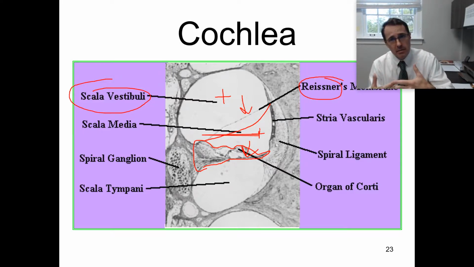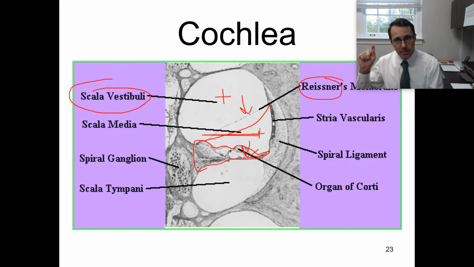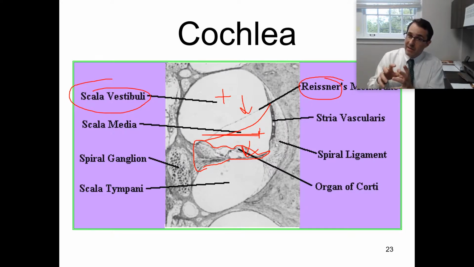And when the hair cells are moved, it generates an electrical impulse that then gets sent up to the brain, and your brain receives that, interprets that and processes that, and allows you to understand that as hearing.